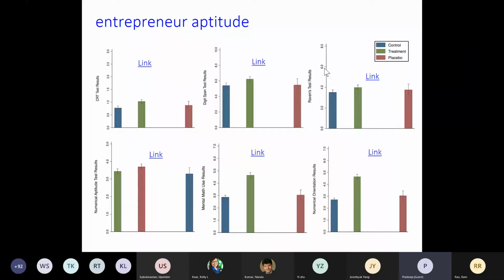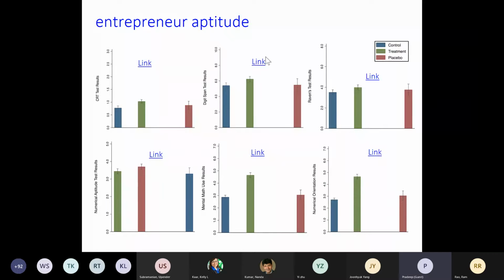The bars capture the three groups that we have. The blue group is the control group, the green group is the treatment group, and the pinkish bar is the placebo group. The real interest here is to compare the treatment and control. As you can see, the bars on the placebo group tend to be much bigger.